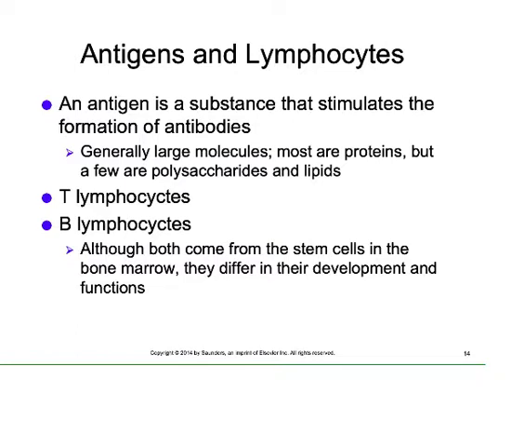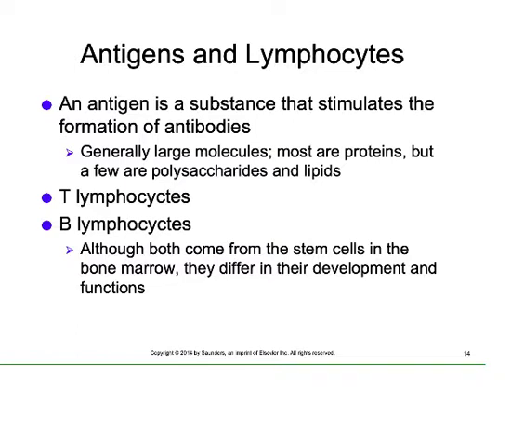Okay, so what the immune system does is it distinguishes what we call self from non-self. Okay, an antigen can be really any class of molecule. It could be a glycoprotein, it could be a protein, it could be a lipoprotein, or any combination of any of these.